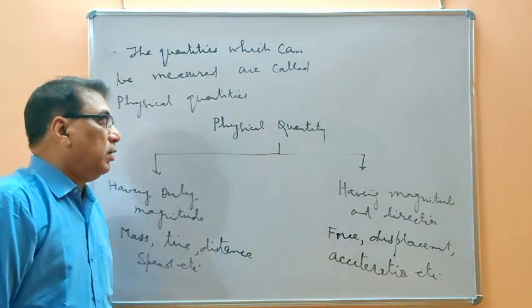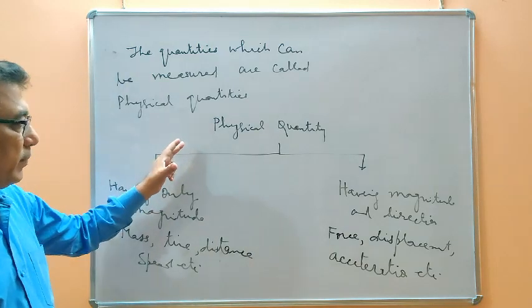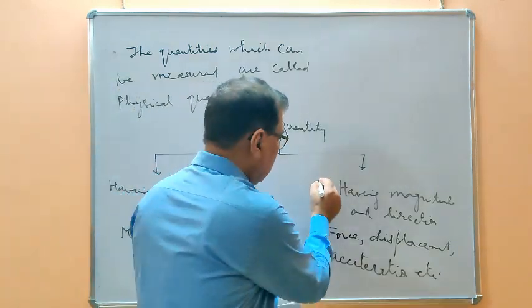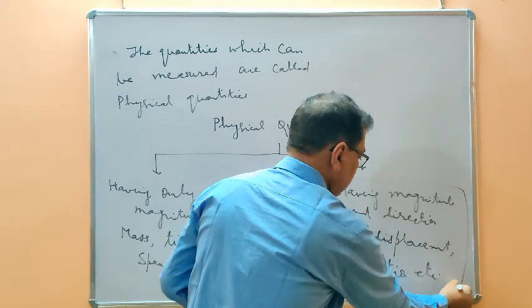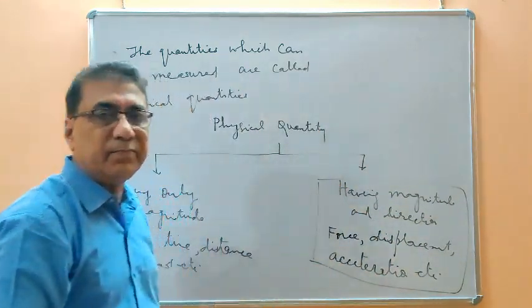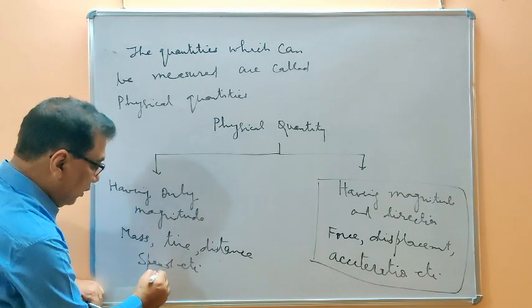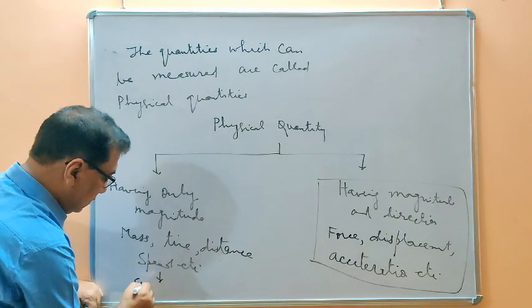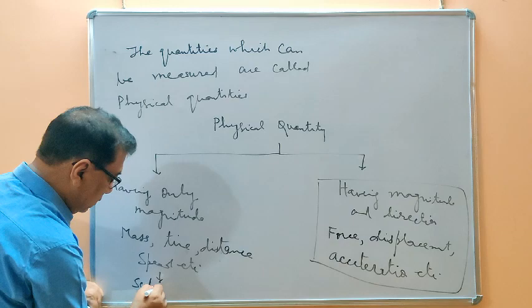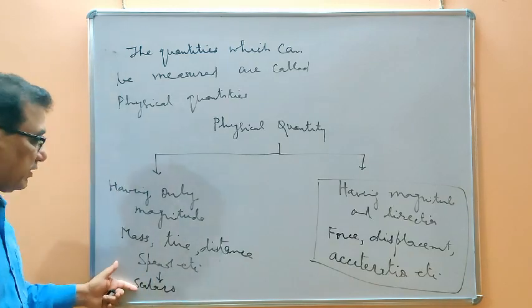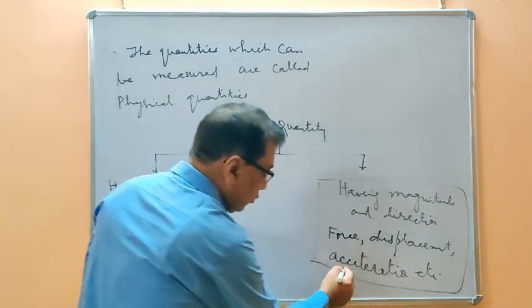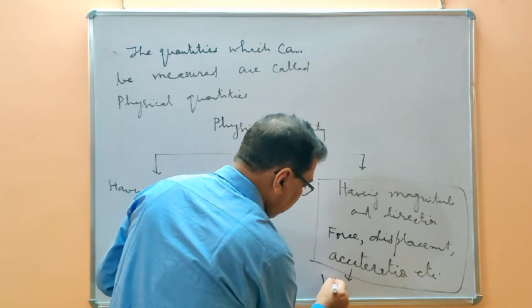Vectors are related with this type of measurement, in which we have direction and magnitude both. The quantities having only magnitude are called scalars, and these quantities are called vectors.